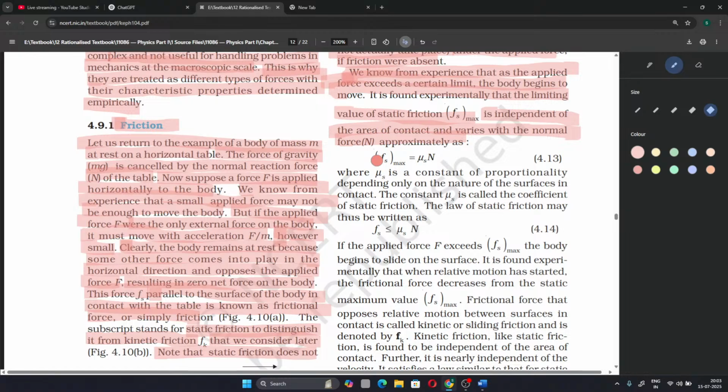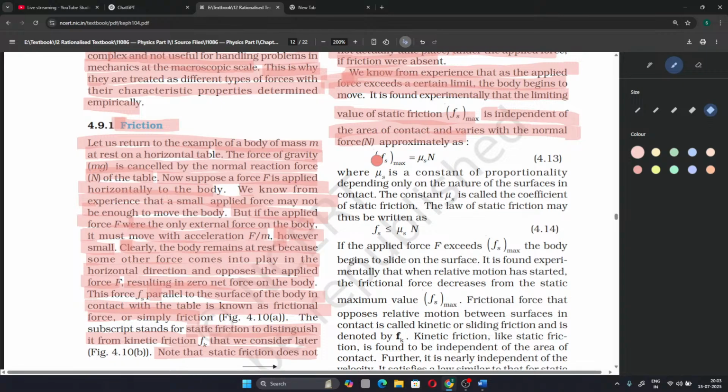Let's take two boxes made of the same material. One has an area of 20 meter square in contact with the ground, and another has an area of 100 meter square in contact with the ground.